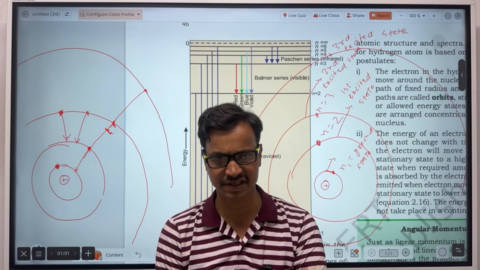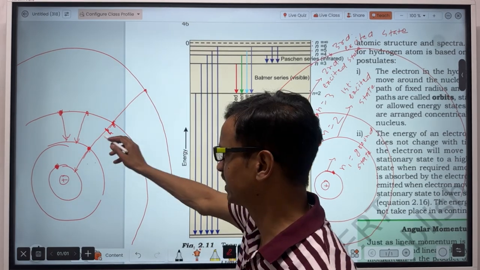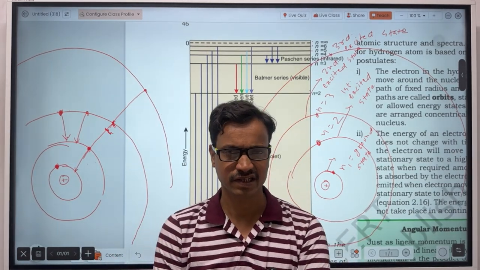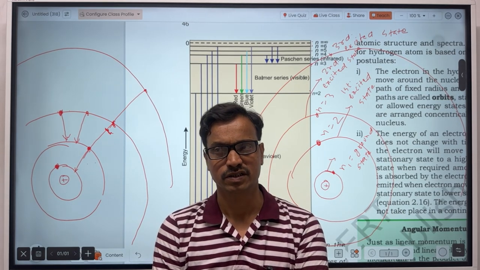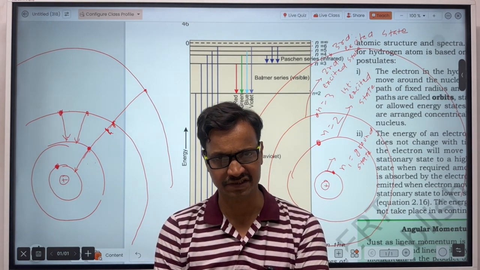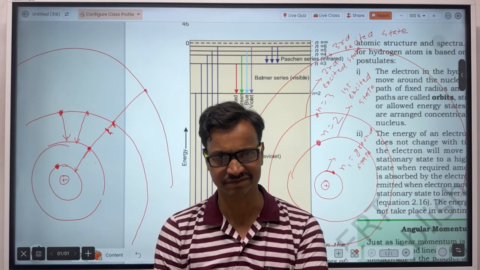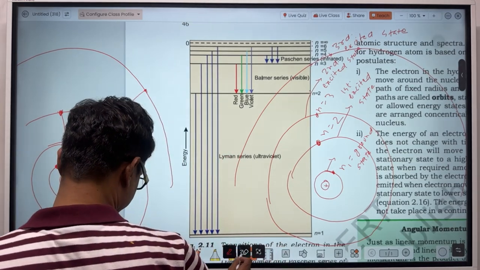In the same way, third excited state, fourth excited state, and so on. And when the electron falls from a higher energy level to a lower energy level, the electron will emit energy in the form of electromagnetic radiation.